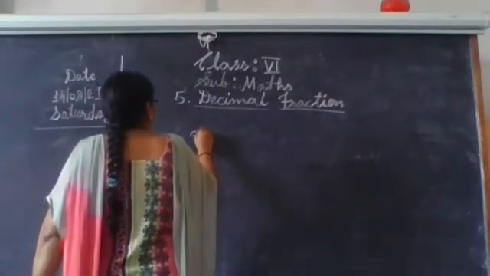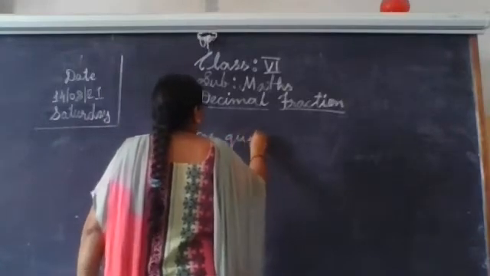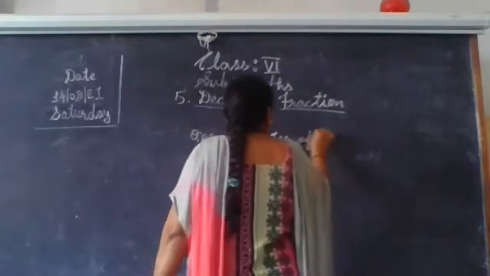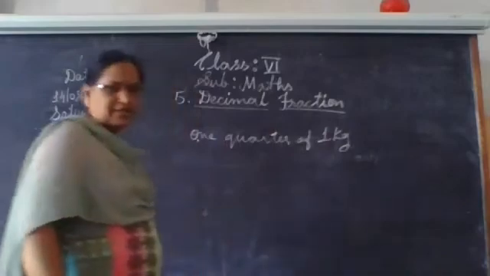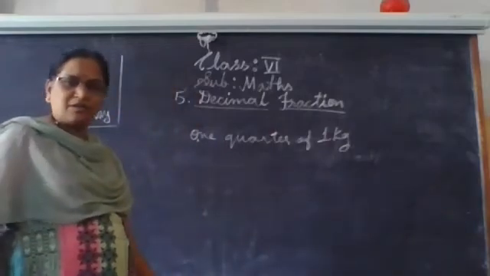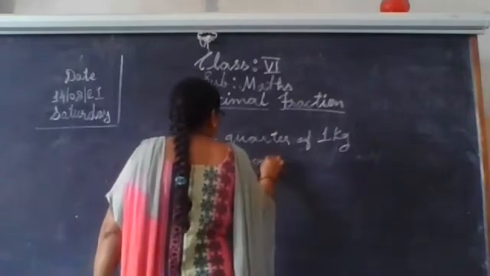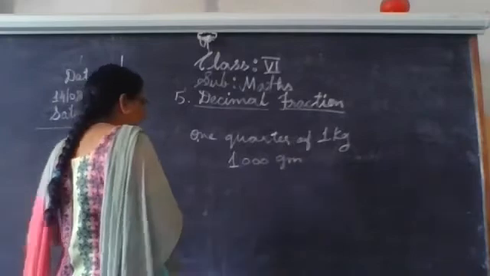1/4 of 1 kg. Now see beta, 1 kg means how many grams? 1000 grams. Okay.